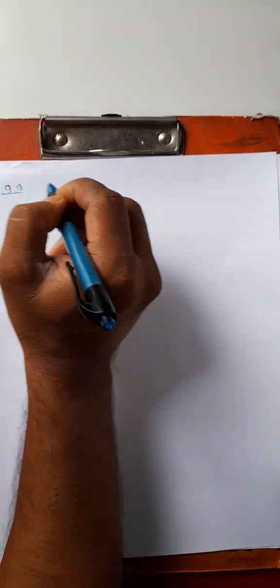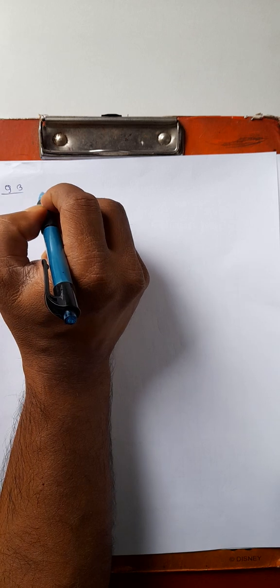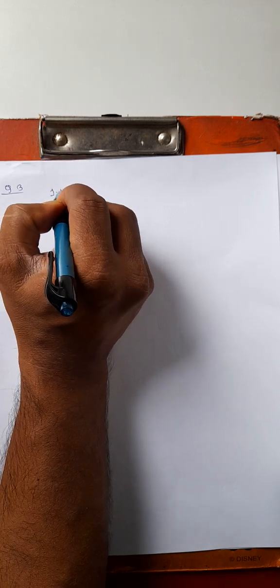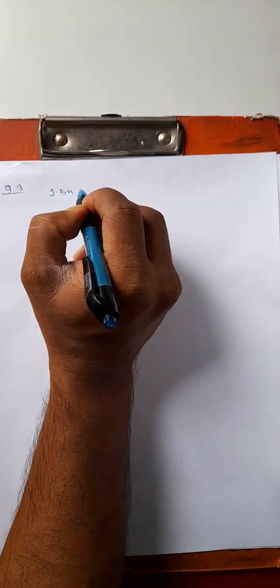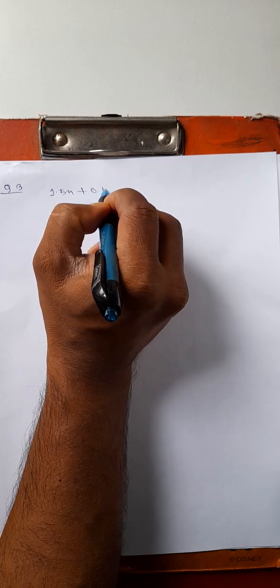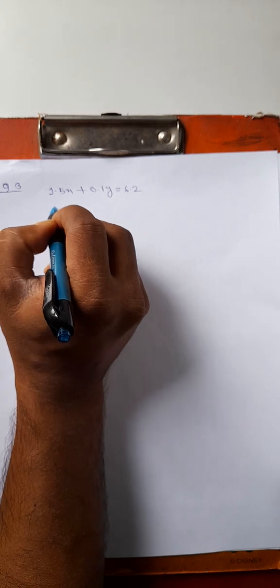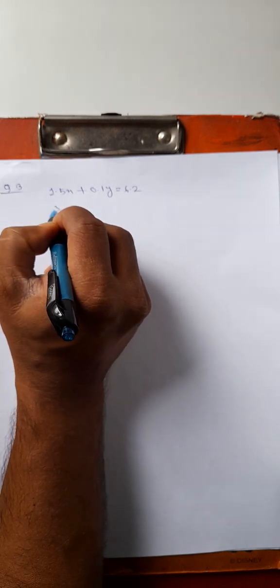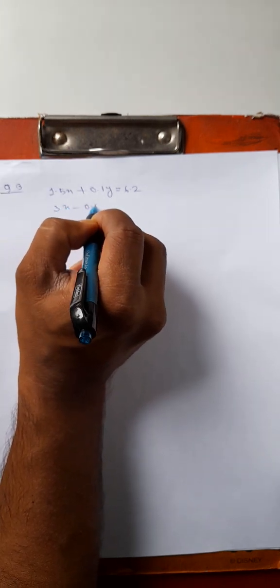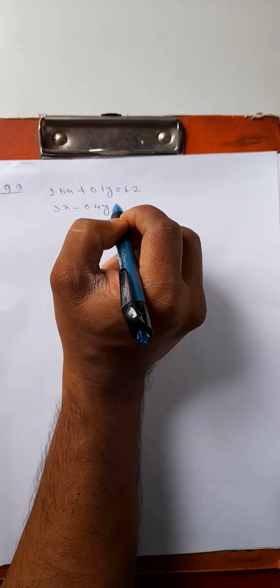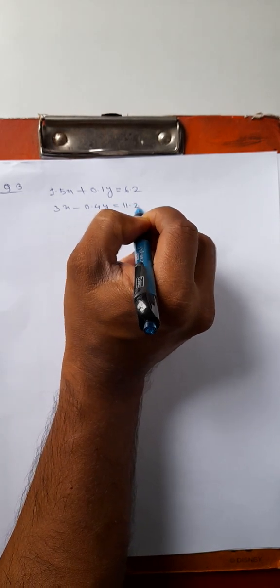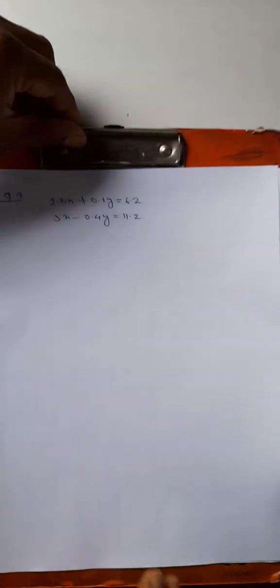Now let us try one more example. Say you are given 1.5x plus 0.1y equal to 6.2, and the second is 3x minus 0.4y equal to 11.2. You are given a pair of linear equations where the constants are in decimals, right?